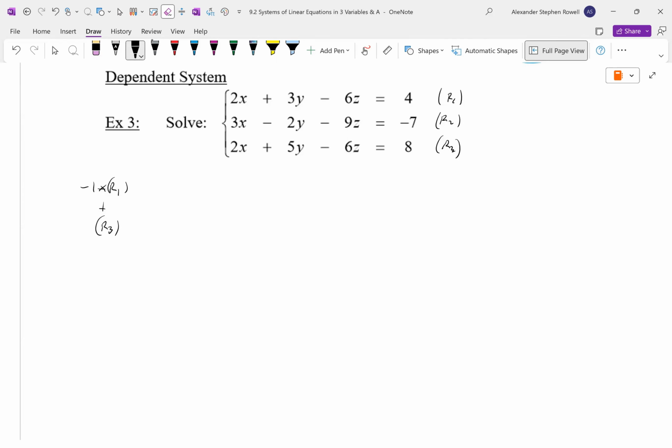So that would eliminate the x variable, right? -2x and 2x. So -2x minus 3y plus 6z is equal to -4. Row 3 remains the same. 2x plus 5y minus 6z is equal to 8.